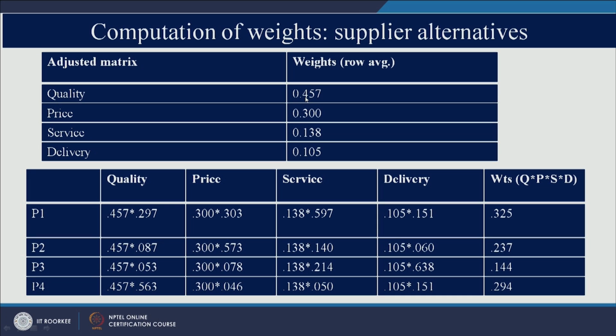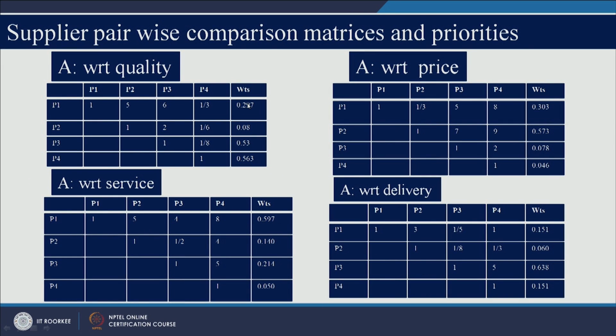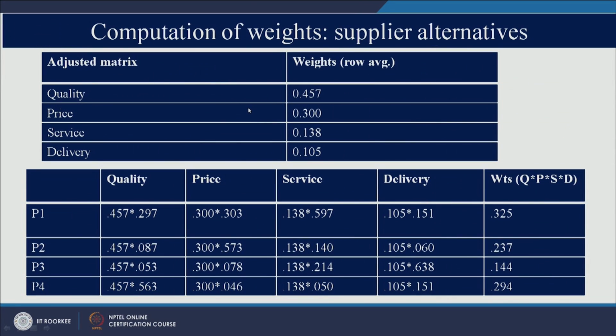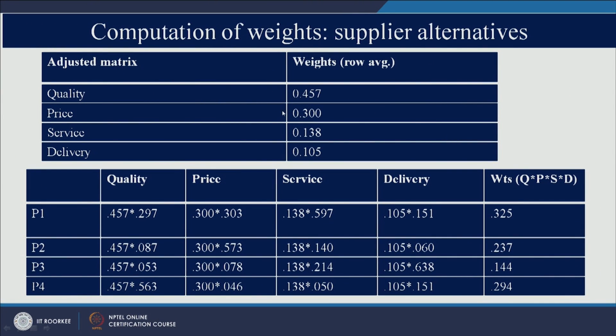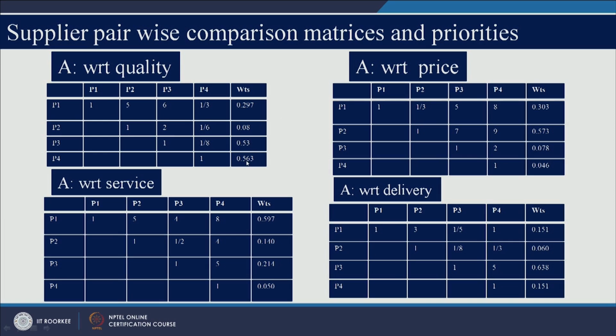So, 0.457 multiplied by 0.297, by this value. Similarly, 0.457, this weight of quality, is to be multiplied with this weight of project P2. Similarly, 0.53 is to be multiplied by 0.457, and 0.457 is to be multiplied by 0.563, right.